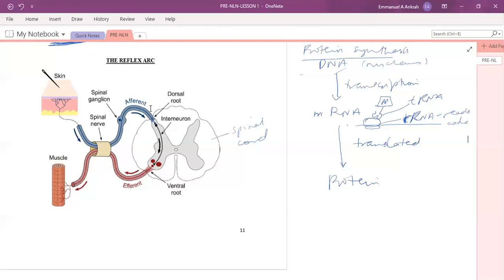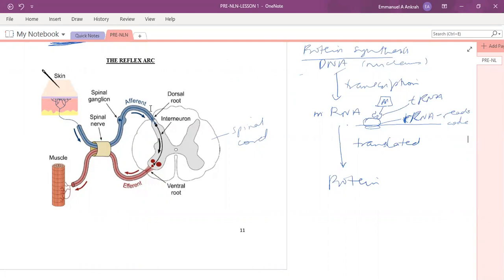A, uracil. B, adenine. C, thymine. And D, guanine. What question is this? Number 39. Thank you. A, uracil. Yeah, uracil is in RNA but not in DNA. Correct.